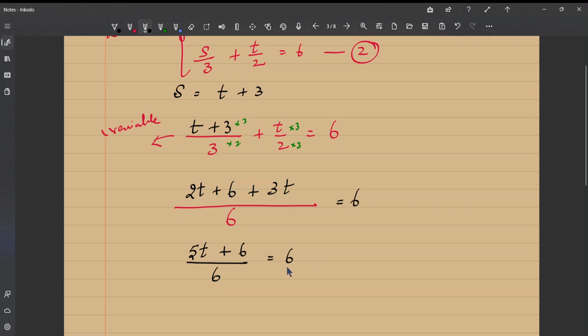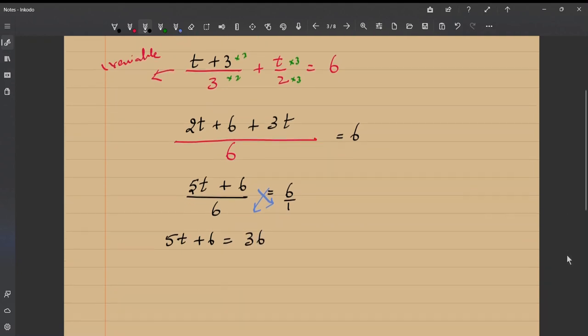6 can also be written as 6 by 1, and we can cross multiply, right? So that we form an equation without these fractions. What happens? 5t plus 6 becomes equal to 6 into 6, which is 36.